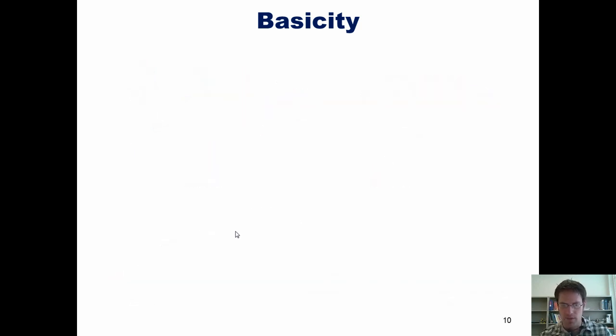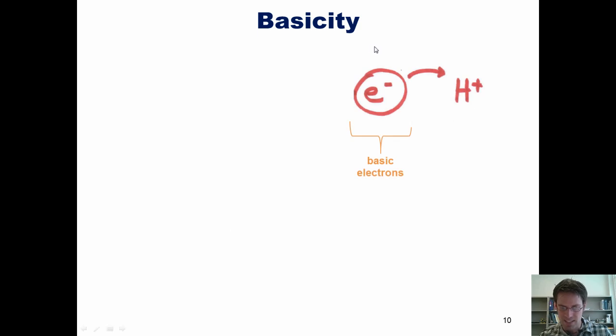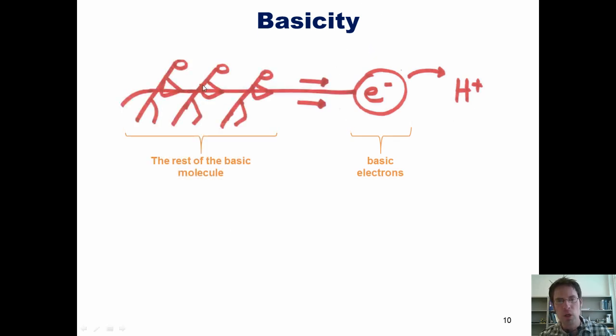In contrast, if our basic electrons were instead at the end of a rope in which the rest of the molecule was pushing toward them, then it would make them much more reactive and readily available for grabbing protons, that is, more basic.